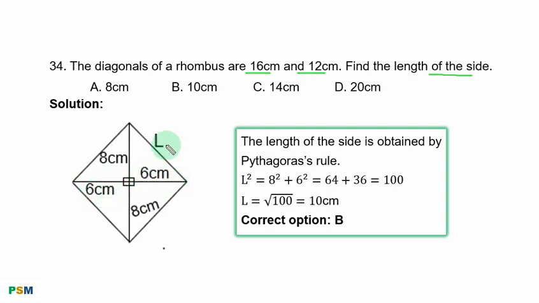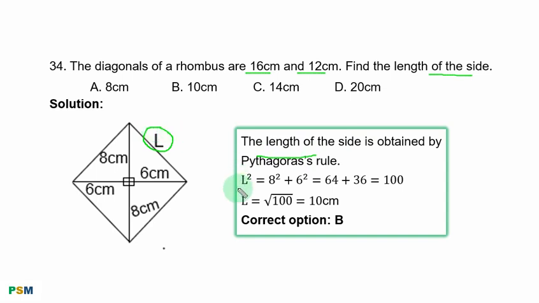All the sides are equal, so you have one of the sides, L. The length of the side is obtained by Pythagoras rule, considering any of the triangles, and the side is the hypotenuse.